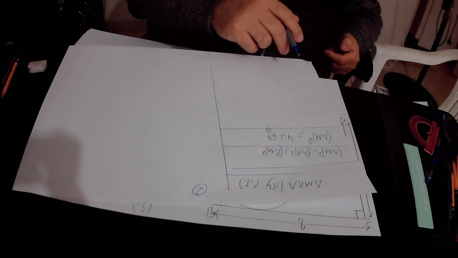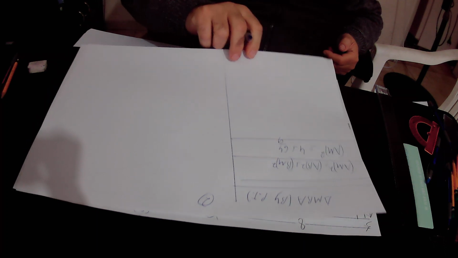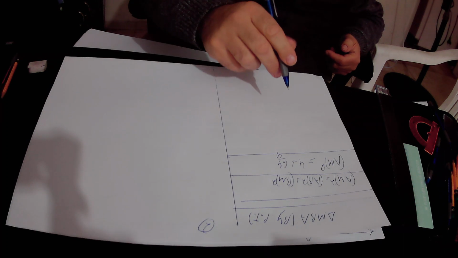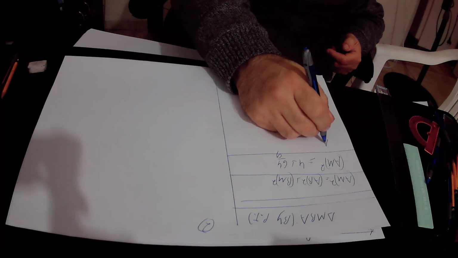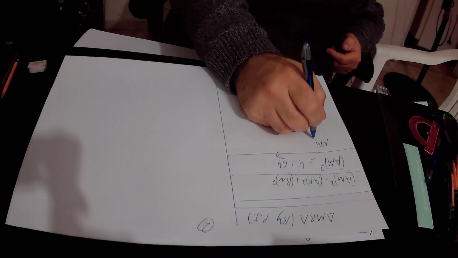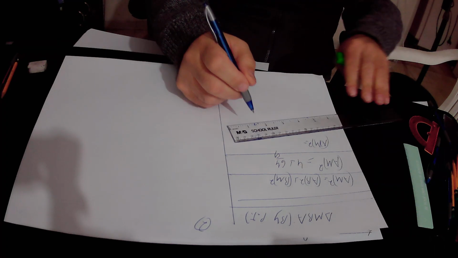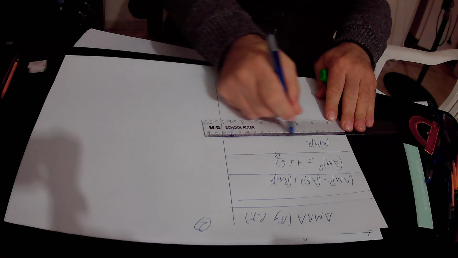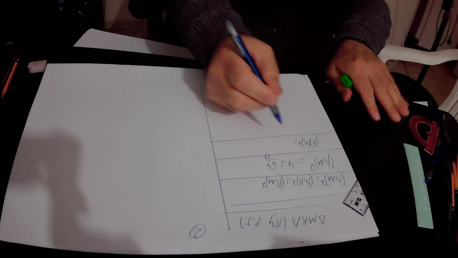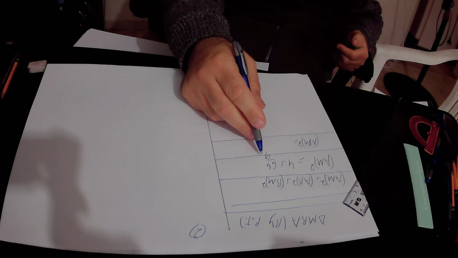So in conclusion, AM squared equals 4 plus 64 over 9. Here we multiply 4 by 9 and divide by 9 in order to get a common denominator with 64 over 9.